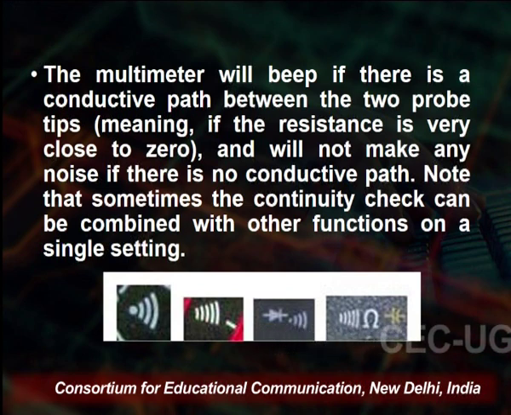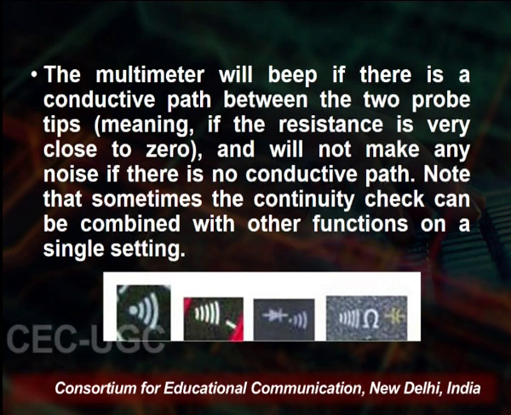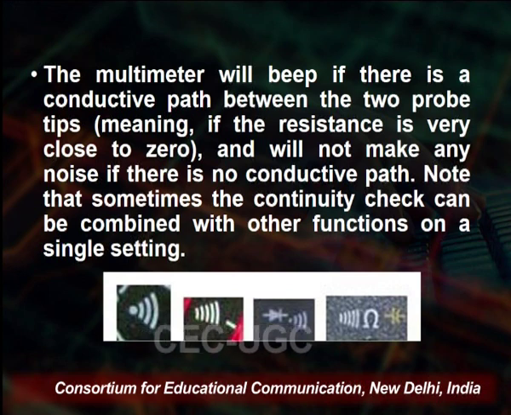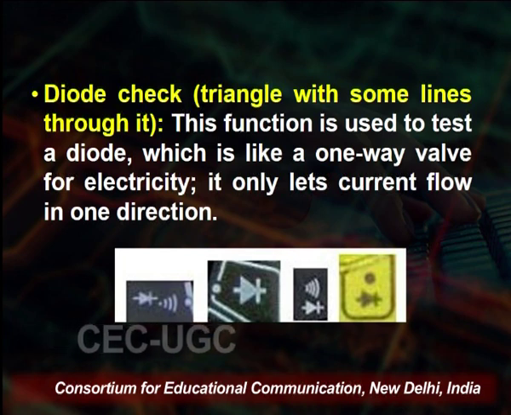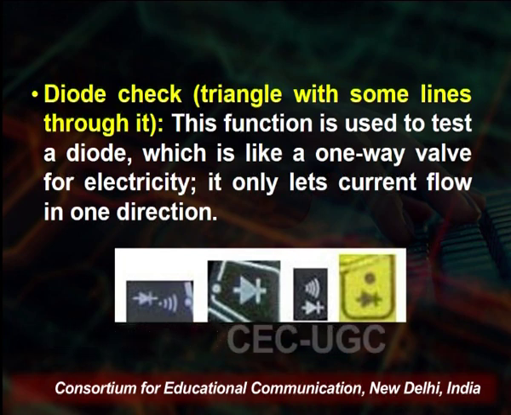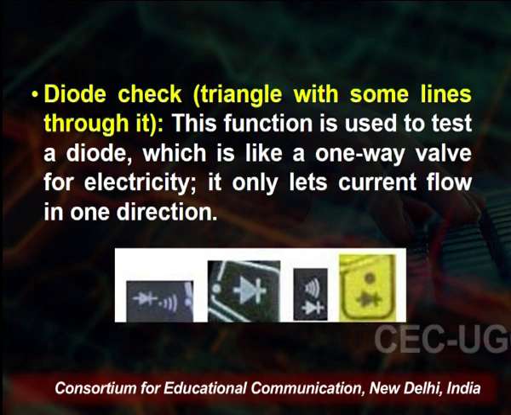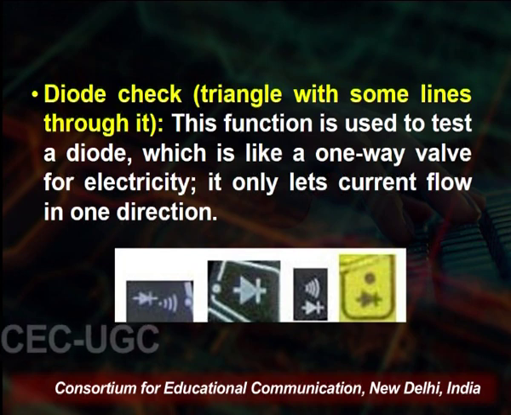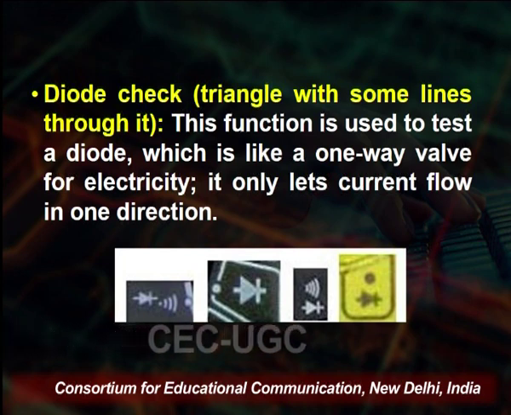Sometimes the continuity check can be combined with other functions on a single setting. You can see that this is like a curve. Another is the diode check, which is represented by a triangle with a line through it. You are seeing on the screen a diode symbol with a line before it.